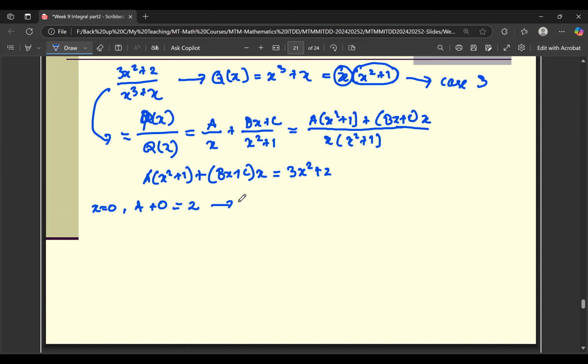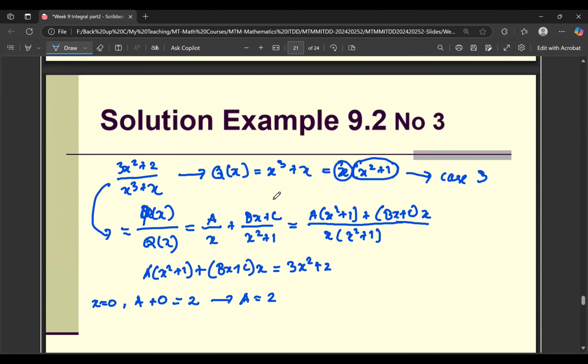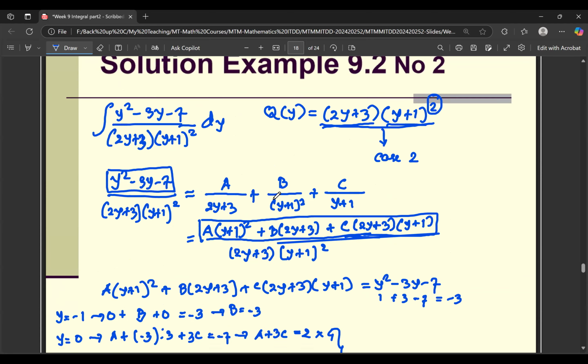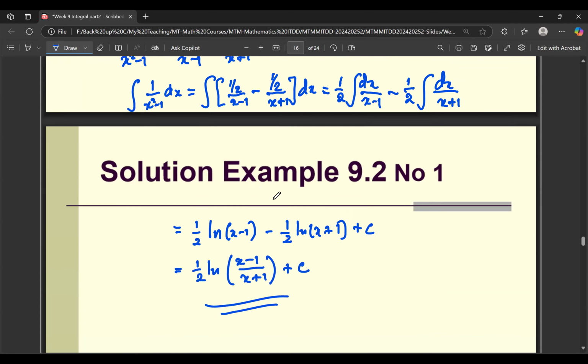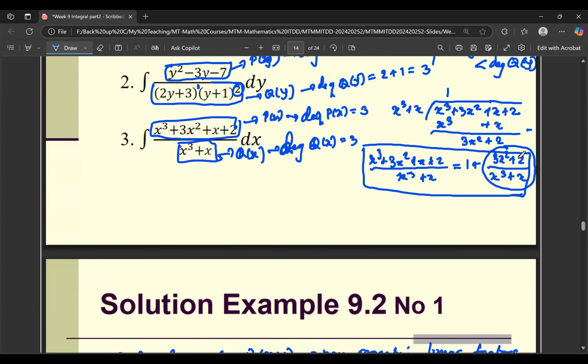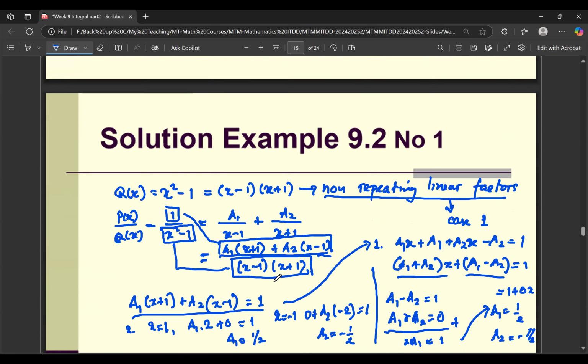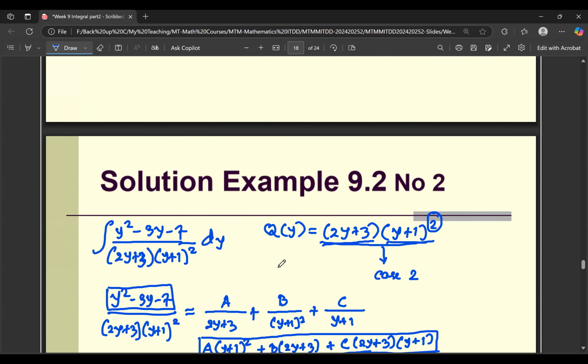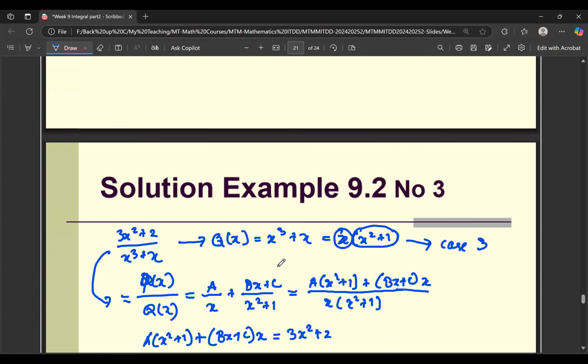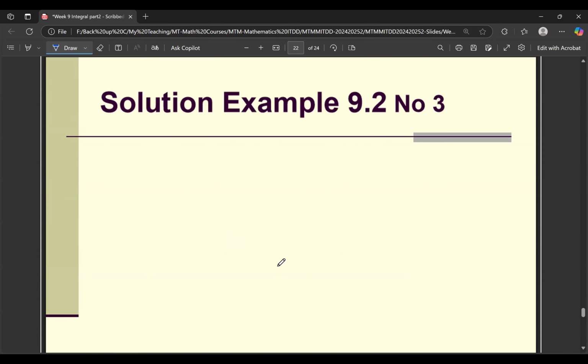Instantly we have A is equal to 2. I check it again for number 3, we have 3x squared plus 2. Okay, it's correct.